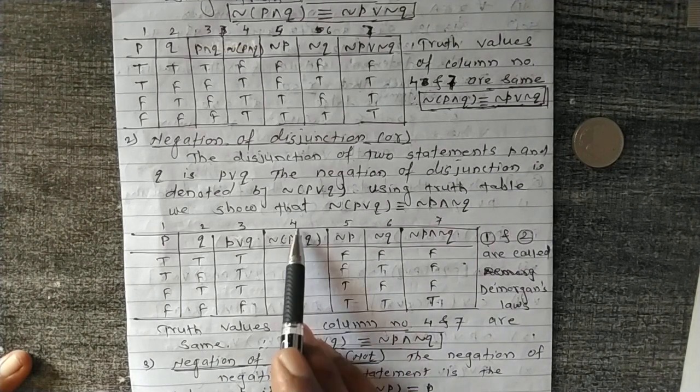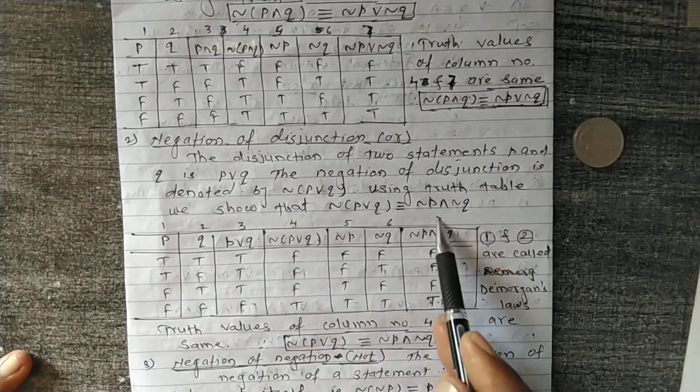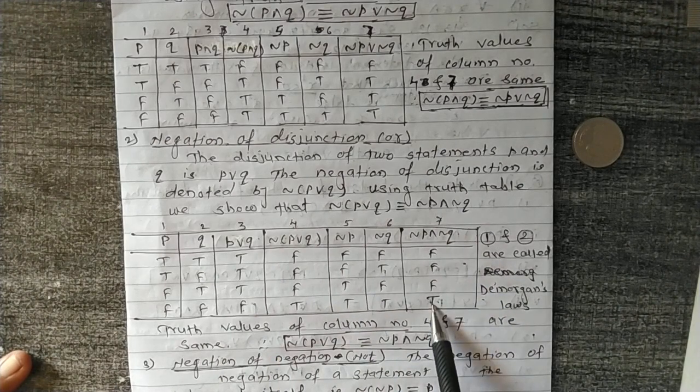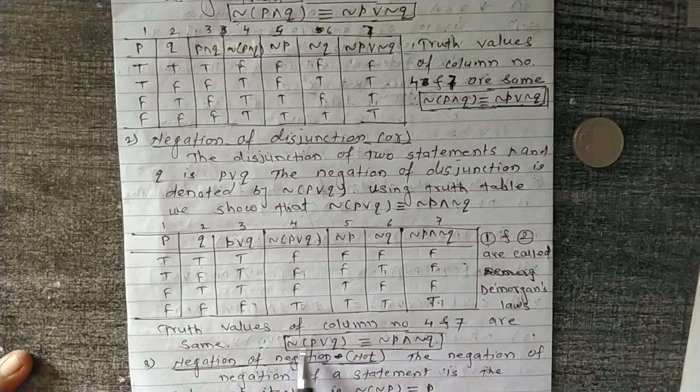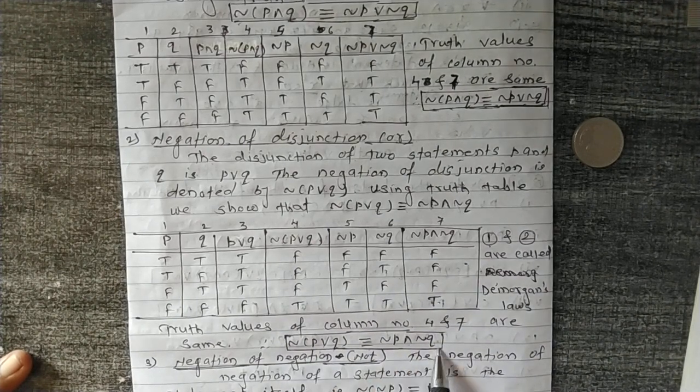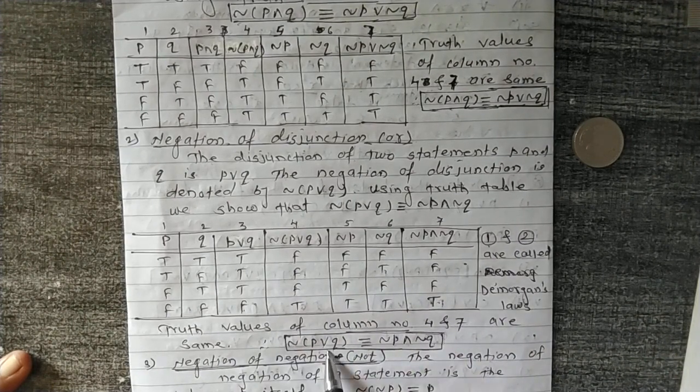Again the truth values of column number 4 and column number 7 are the same. Therefore we conclude that ¬(P ∨ Q) is equivalent to ¬P ∧ ¬Q. This is the negation of disjunction.